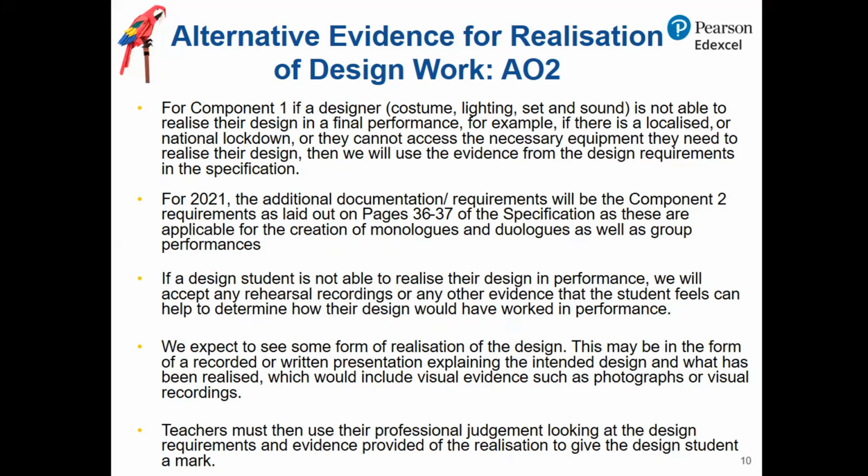That includes the additional documentation. For 2021, the additional documentation and requirements will be the Component 2 requirements as laid out on pages 36 to 37 of the specification, as these are applicable for the creation of monologues and duologues, as well as group performances.